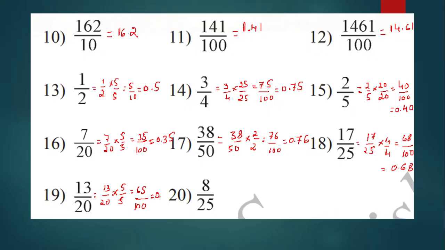This is 0.65. 8 by 25. Multiply and divide numerator and denominator by 4. 8 4s are 32. 25 4s are 100. This becomes 0.32.